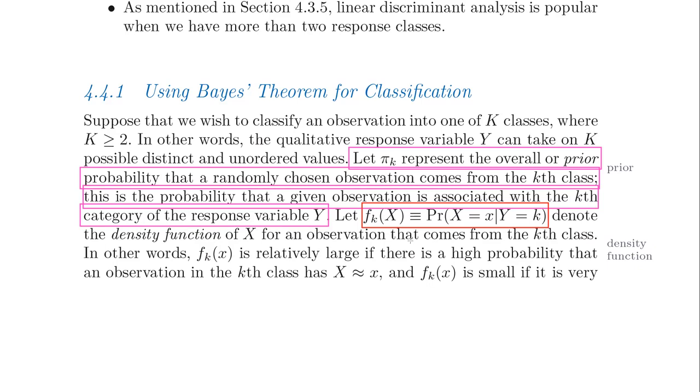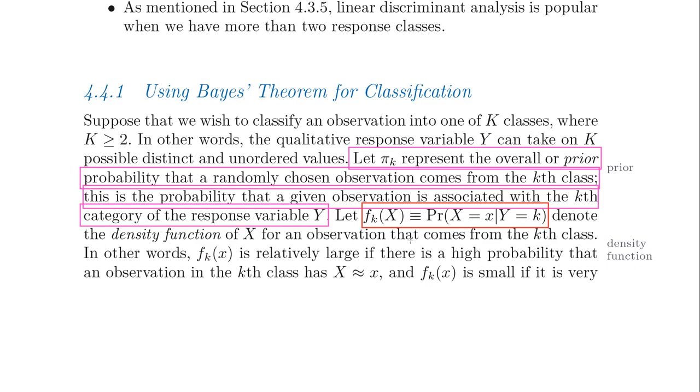What are we saying here? So I think pi k is relatively straightforward. Pi k is: pick a random observation, and it's your prior probability that that observation has a specific class.